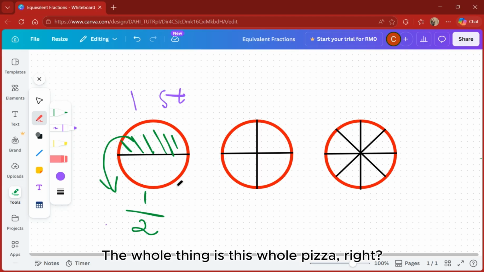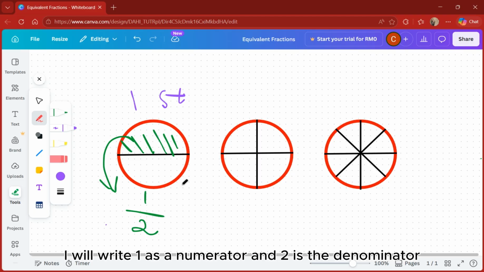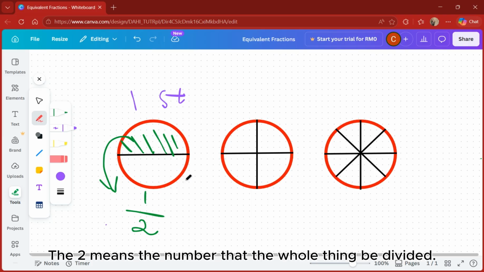The whole thing is this whole pizza, right? And it has been cut into two parts. So I take one out of two parts. I will write 1 as a numerator and 2 is the denominator. The 2 means the number that the whole thing is divided into.